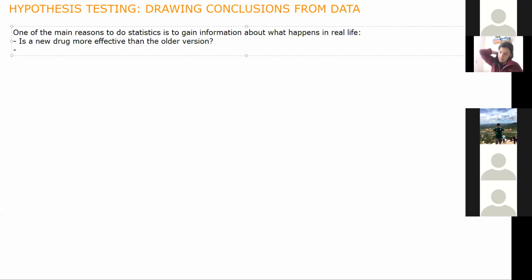Another question that we could ask is, okay, a lot of people are talking about climate change and whether the temperatures of the earth are actually changing, but we could ask if it just happened to be a hot year, or if we can actually say that there is a significant increase in the temperatures of Earth.